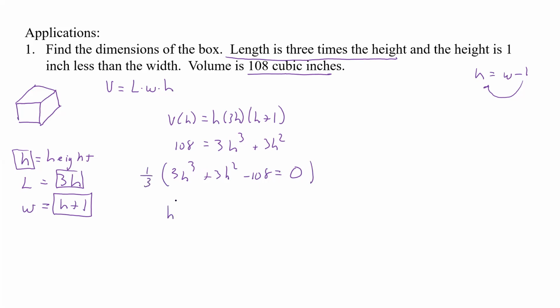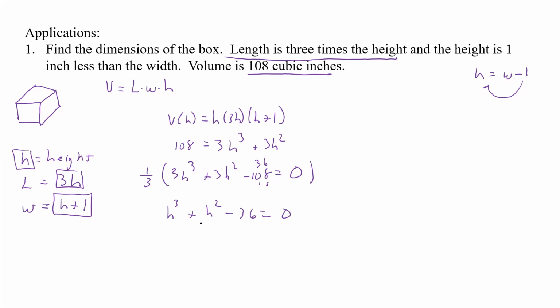So that becomes h to the third plus h squared minus 36 equals 0. Okay. All right, so now we have to factor. So how are we going to do that? Well, we have to find our p's and our q's, of course, and go from there.